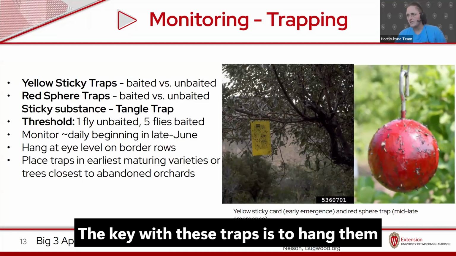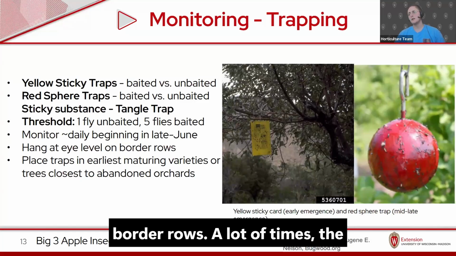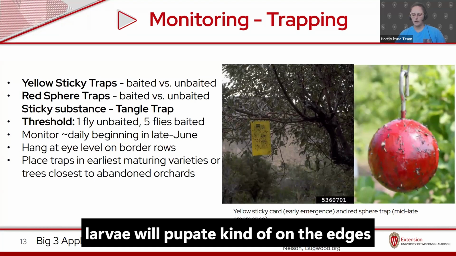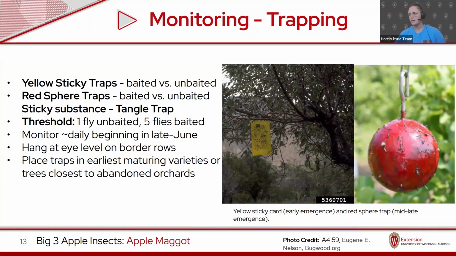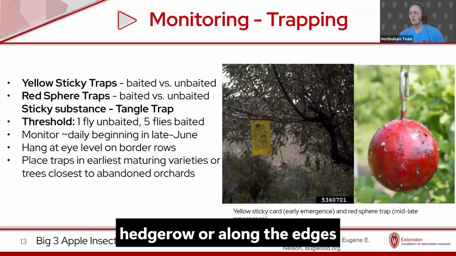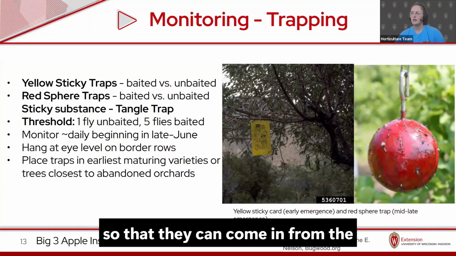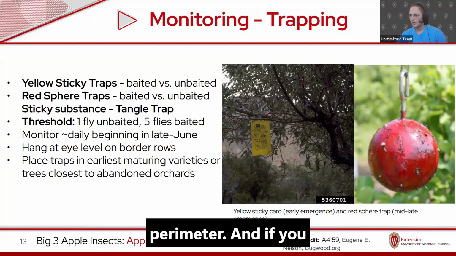The key with these traps is to hang them around eye level and especially around border rows. A lot of times, the larvae will pupate on the edges in orchards, usually in that hedgerow or along the edges, so that they can come in from the perimeter.